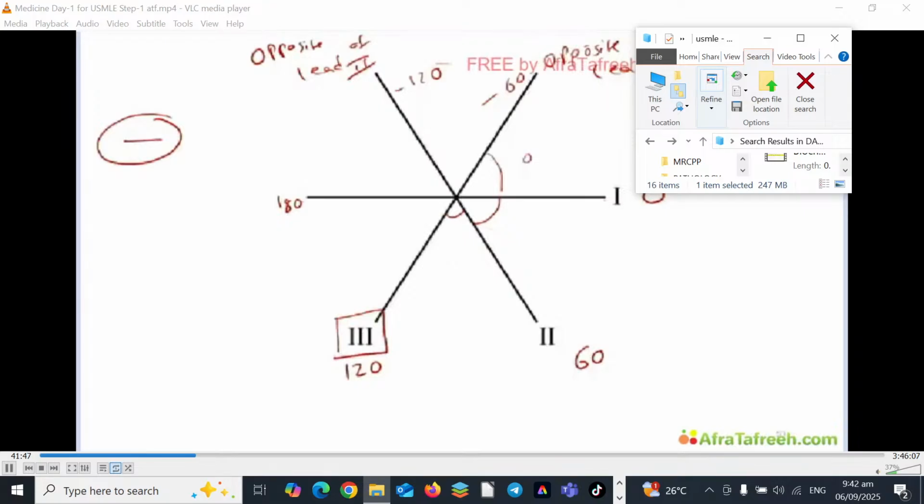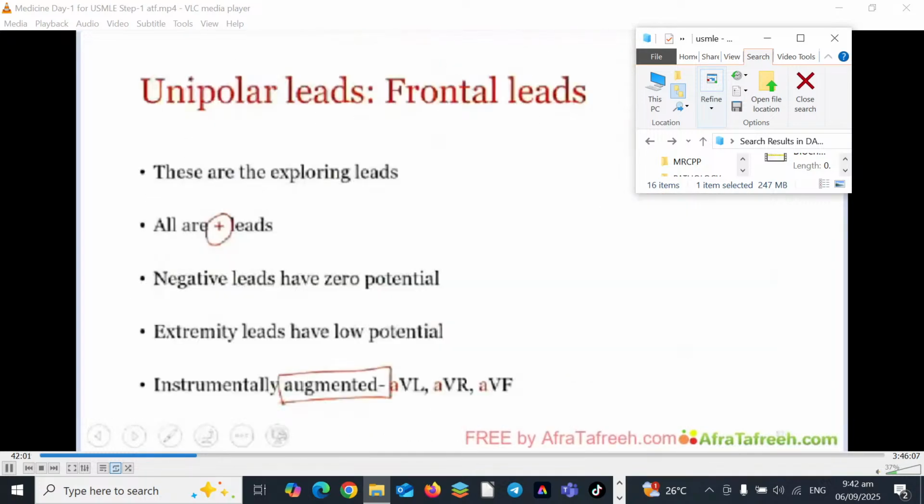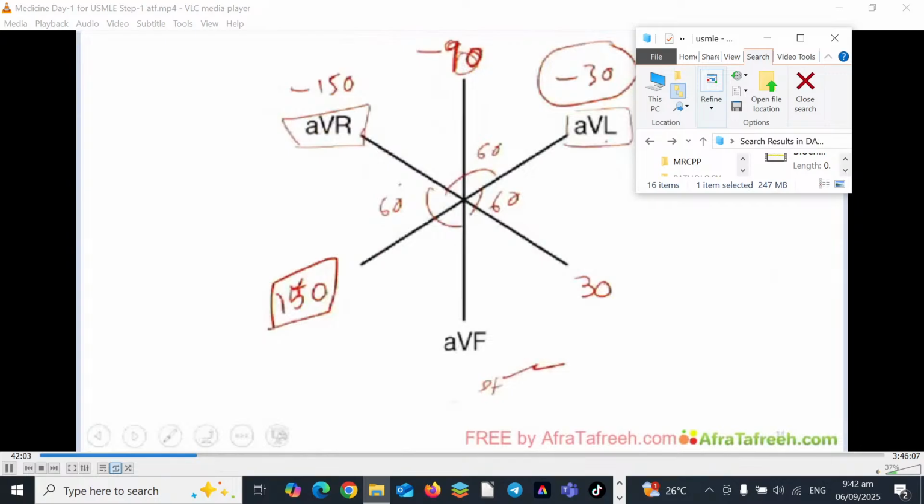But we also had 3 more leads which were placed on your limbs which will also have an axis of their own. This axis system is the AVL system.